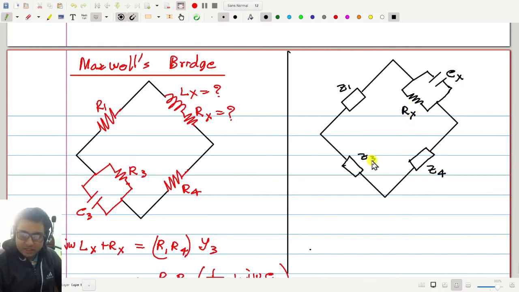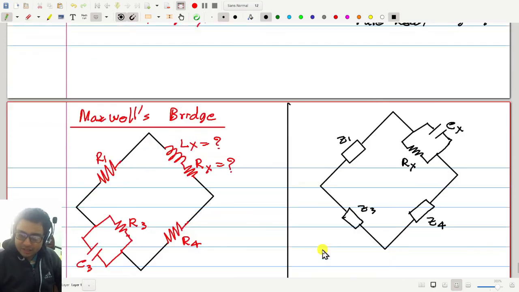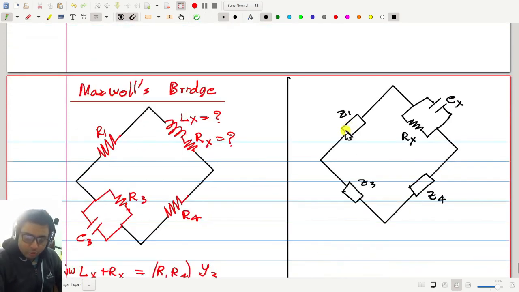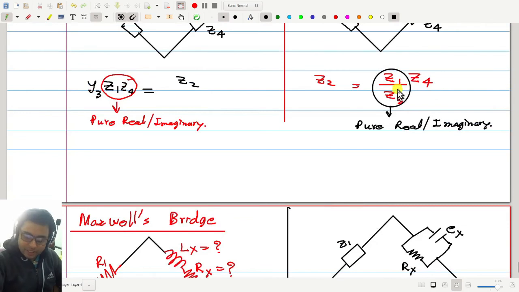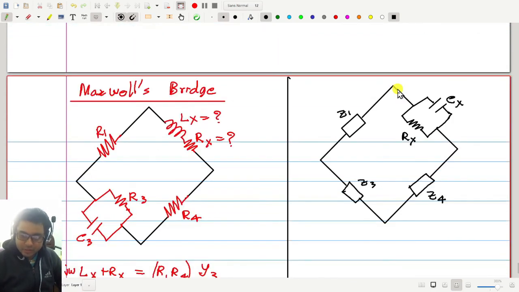Then do you have any suggestion what to choose for Z1, Z4 and Z3 to make life simple? We can simply choose Z1 and Z3 to be pure resistors.